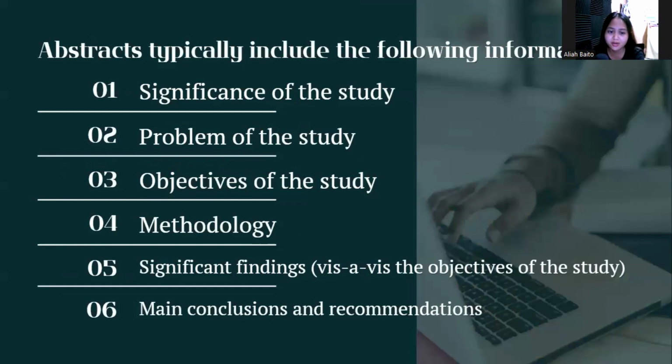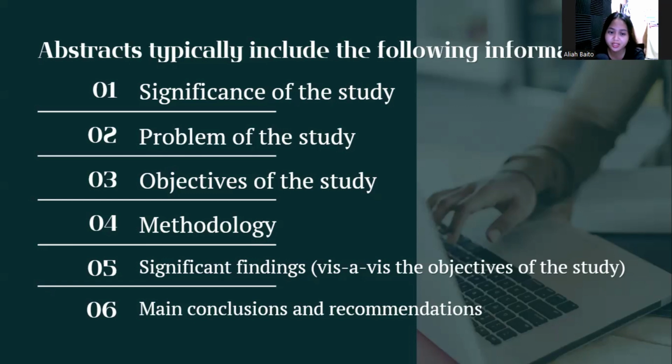Now, these are the typical parts included in the abstracts. Although in making one, you have to consult your advisor kasi baka may iba siyang format na fina-follow, but these are the typical ones. Number one, significance of the study. The abstract also details the problem being addressed and the specific objectives established, the methods used, presents the significant findings in relation to the objectives, conclusion, and recommendation for future work.